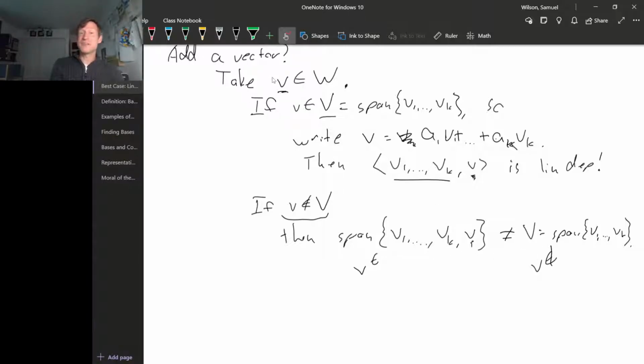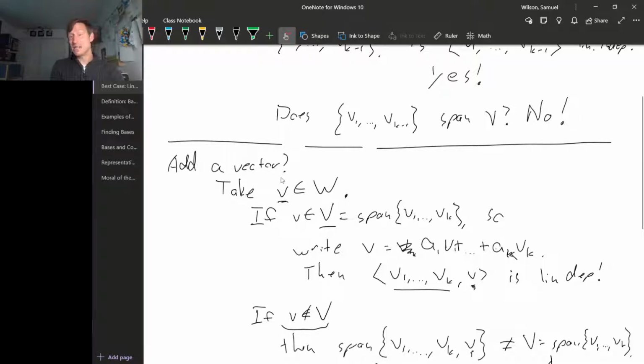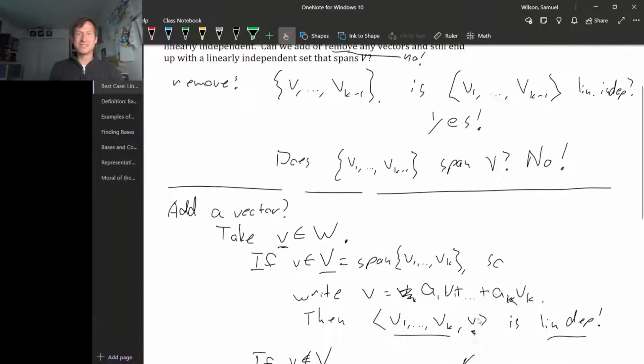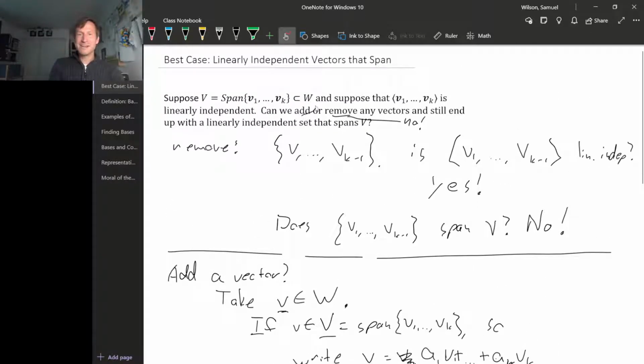So can we add a vector and keep linear independence and have the same span? No. Either we lose linear independence or we change the span to something different than it used to be. So the answer to this one is also no, right?